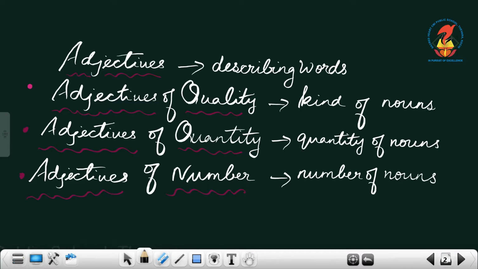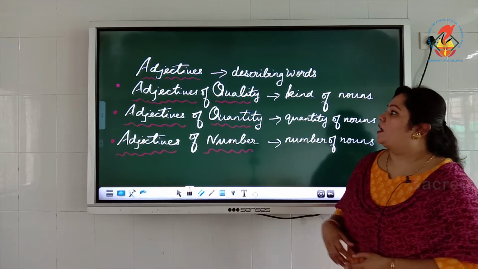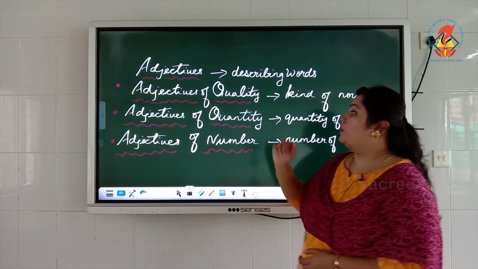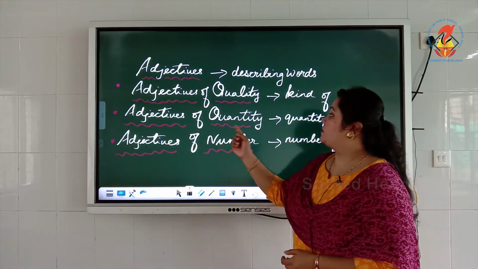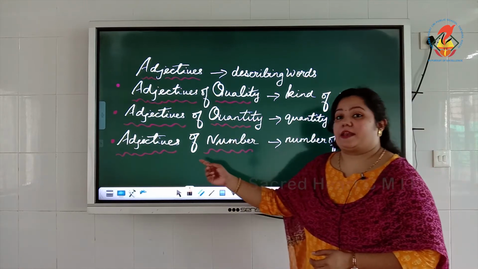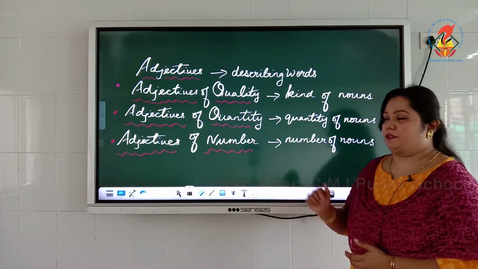So, what are adjectives, children? You already know. Adjectives are actually describing words. Right? It describes the noun. Now we have learned adjectives of quality, adjectives of quantity and adjectives of number.